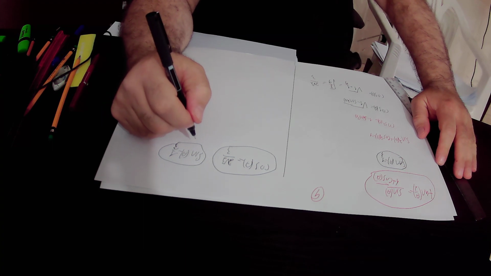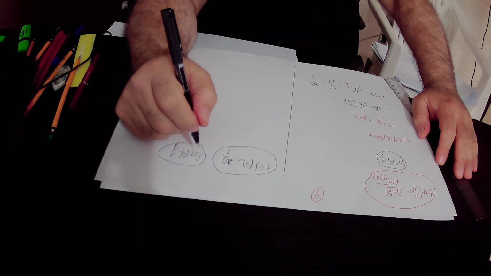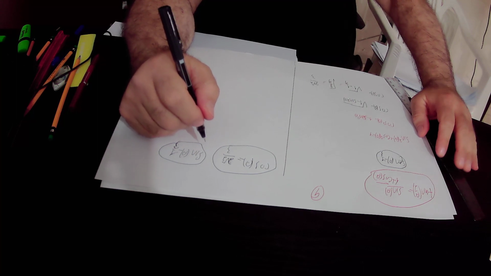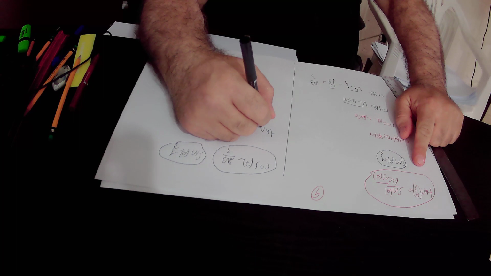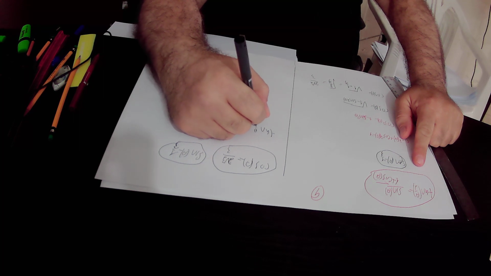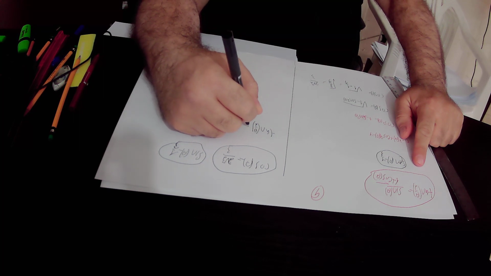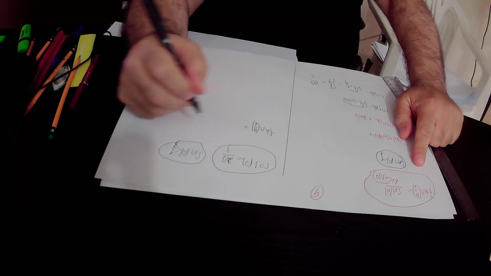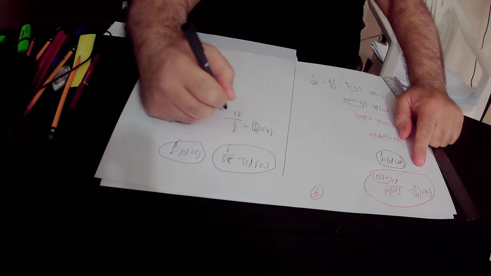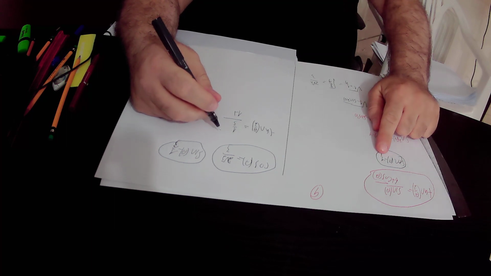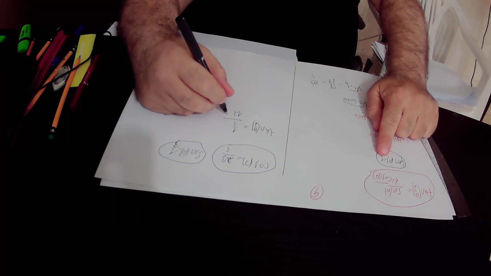So now we can find out the value of tangent theta over 2. According to this trigonometric identity, tangent theta over 2 equals sine theta, which is 1 over 3, over 1 plus cosine theta. And we just found out that cosine theta equals 2 times square root of 2 over 3.